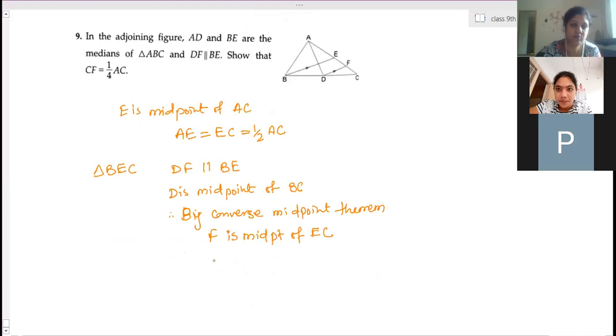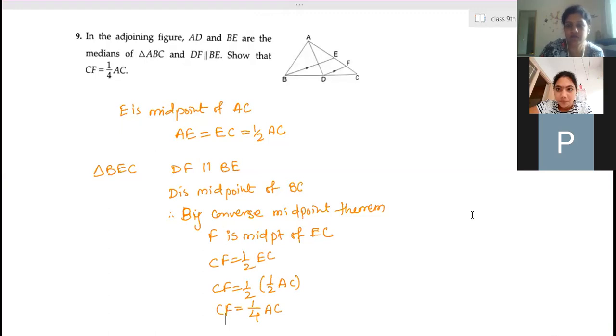So CF is equal to half of EC, and EC is 1 by 2 AC. So CF is equal to 1 by 4 AC. Clear? Is this clear? Yes, ma'am.